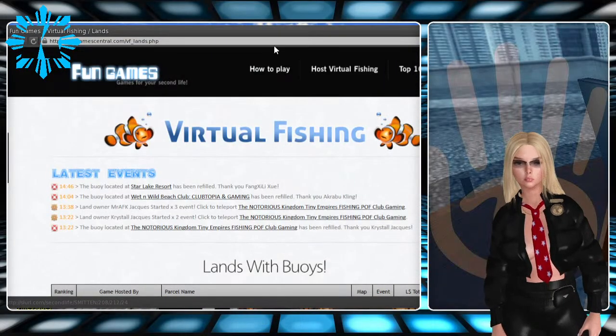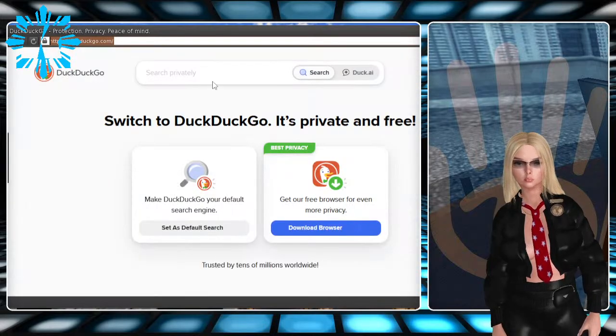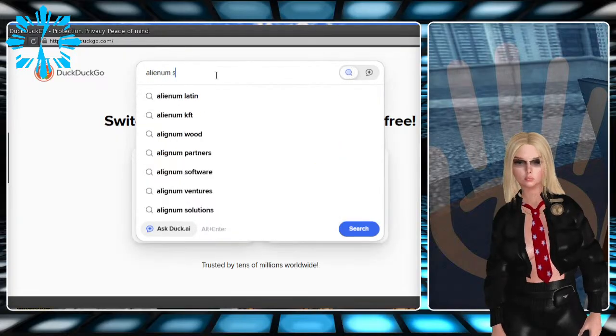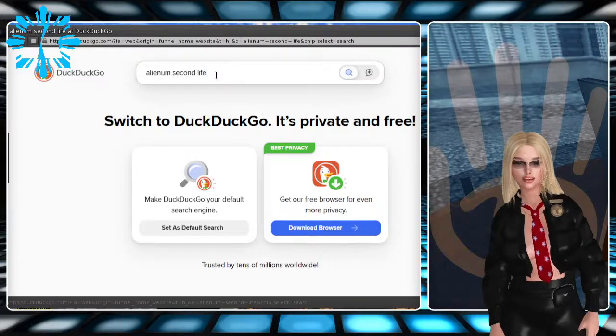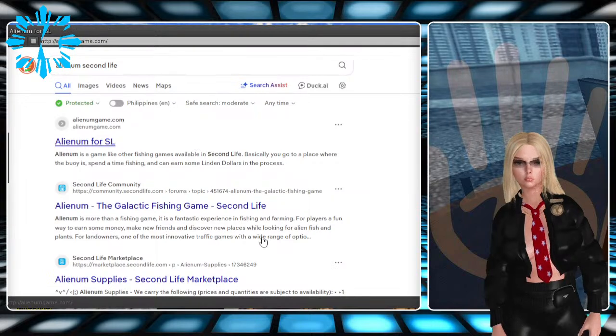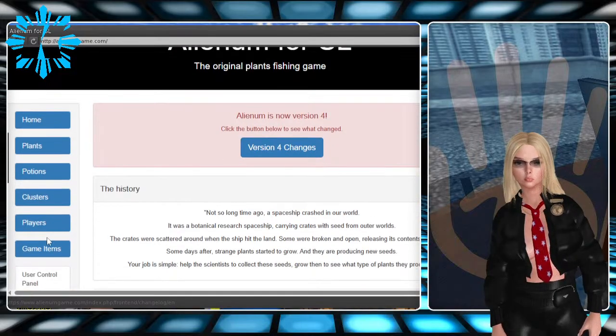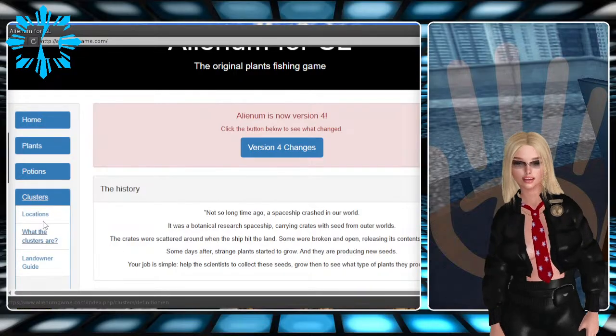Let's see Alienum. Okay, Alienum is also a fishing type game. But instead of fishing, you are gathering seeds from an alien plant. Okay, we have plants, clusters. Let's go, locations.